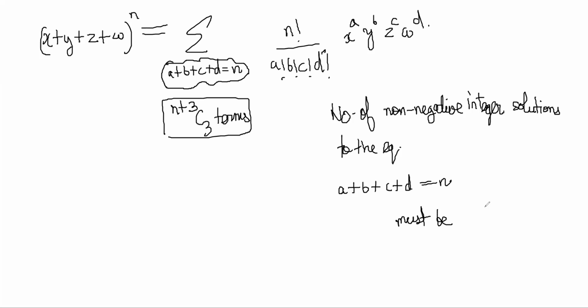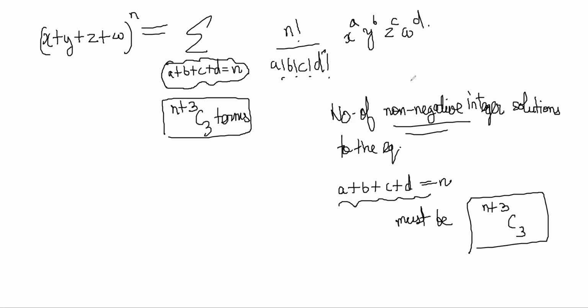It must be n plus 3C3. If you had k variables here, it will be n plus k minus 1 C k minus 1. This is non-negative integer solutions. You cannot have negatives, you cannot have fractions. It can be 0 or positive.